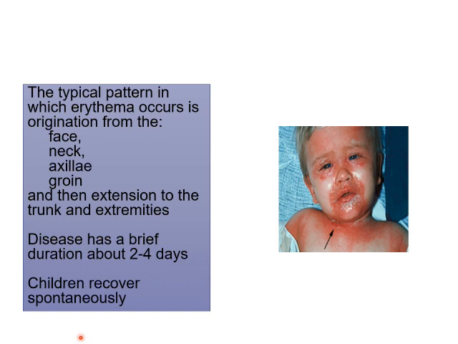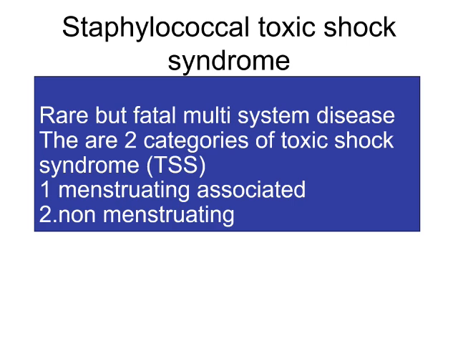The staphylococcal toxic shock syndrome is associated with the staphylococci, which produce the toxic shock syndrome toxin 1, which is absorbed through the vaginal mucosa or skin in the non-menstruating type of staphylococcal toxic shock syndrome.